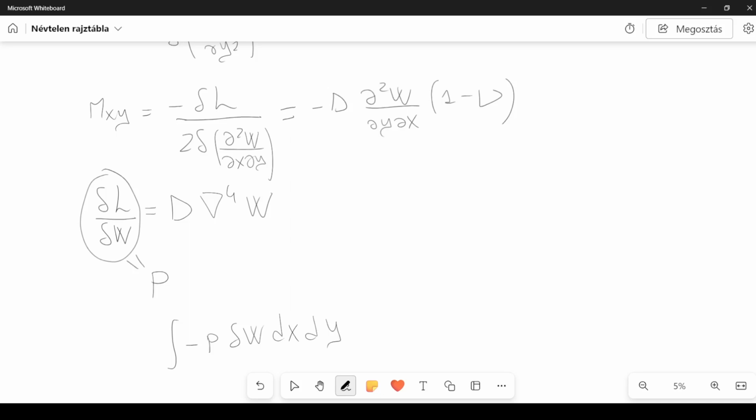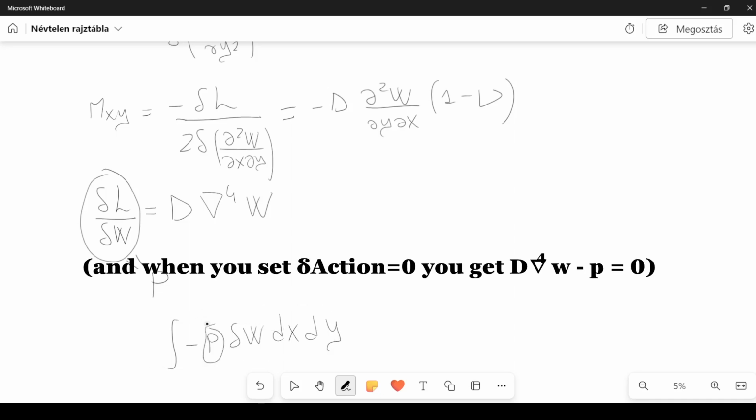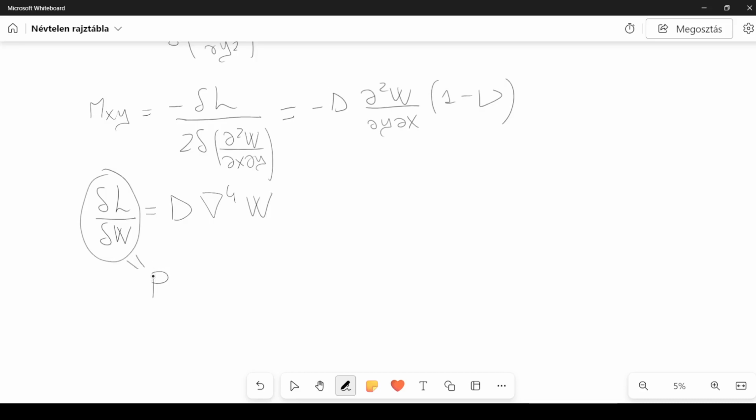So this is the change in the action due to this additional contribution P. You define it like this. P is basically an external force per unit area, and it's along the direction z, which is perpendicular to the plate. You can see it from here because we are taking the variation of the Lagrangian with respect to w. w is along z. So that's why the force per unit area is going along z. But if there is no external force, then this would be 0.